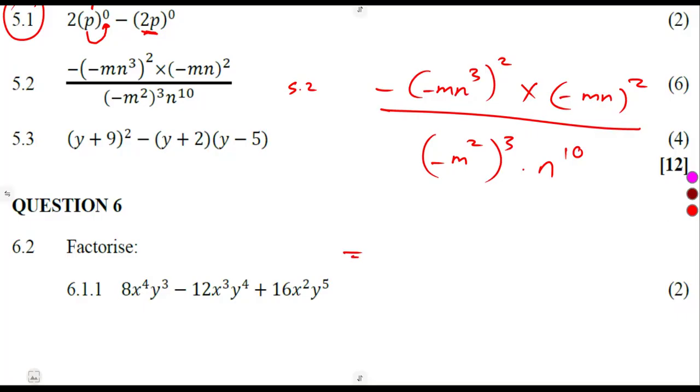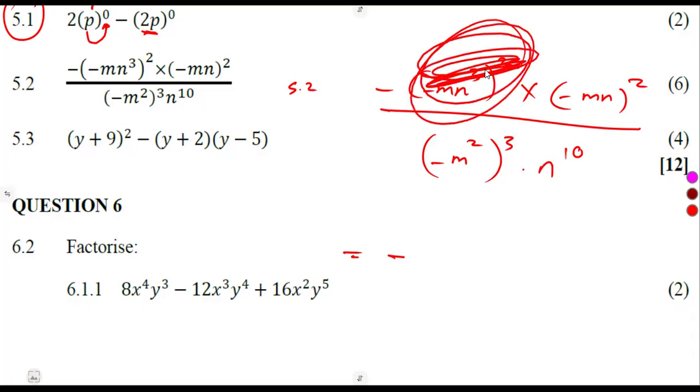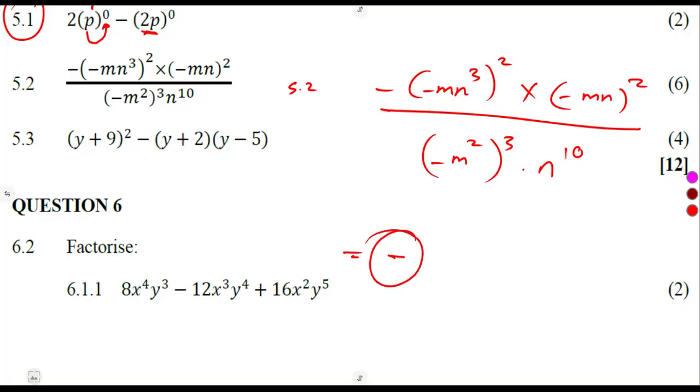So we can consider that, all right, this negative, guys, is out of the bracket of this one. So let's just write as it is. Whatever that we are going to have in this simplification of the bracket will be affected by this negative, which is this one out of the bracket.